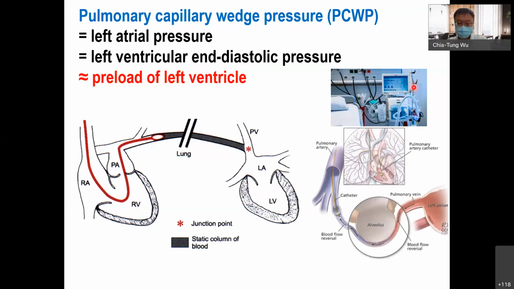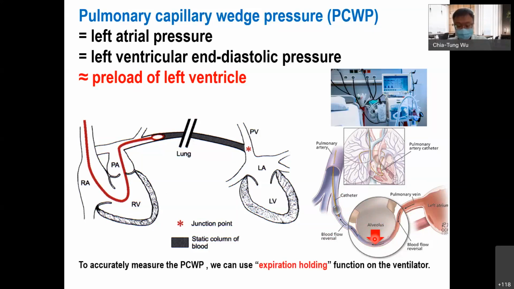It's different from our spontaneous breathing, right? So the machine delivers positive pressure to the lung, and the positive pressure will compress the vessels in the lung. So if we measure the pressure, we also measure this compression, so it's not accurate to measure PCWP.